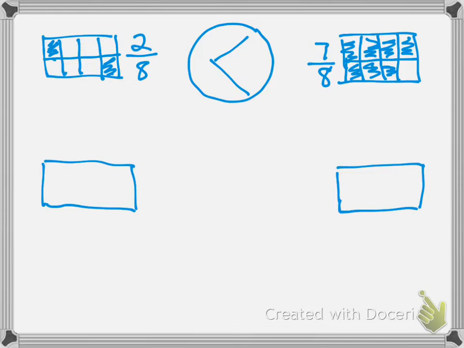And if one side has 10 pieces, the other one has to have 10 pieces. What you're going to do is choose a fraction, a part to color in, write your fraction, color it in, and then write the greater than or less than sign in the middle. And that's what I would like to see you post up on your upload portion of your math today.